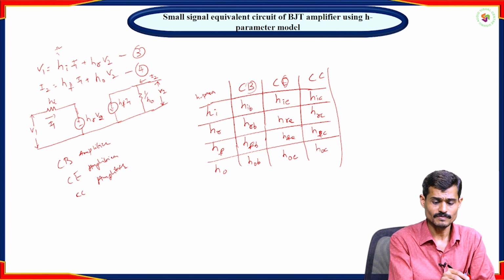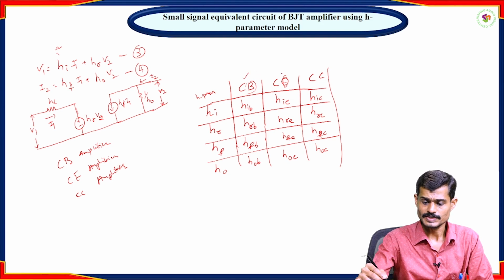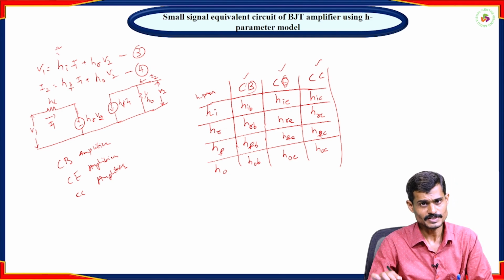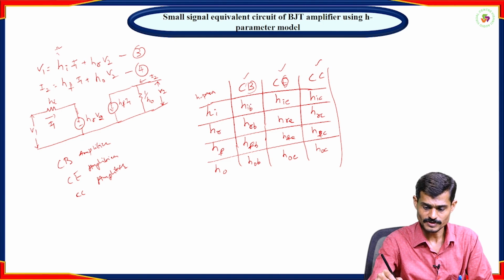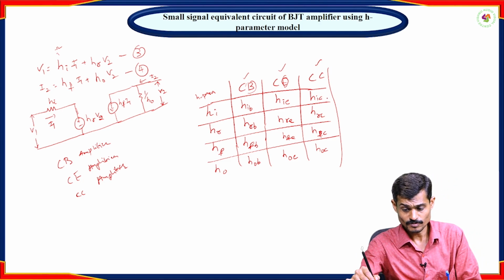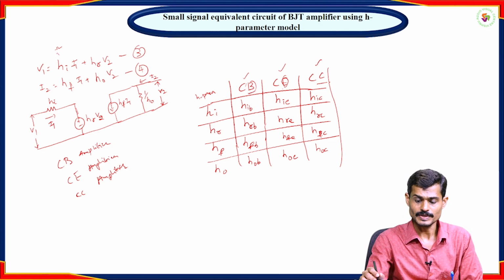I have represented V1 equals HI into I1 plus HR into V2, and drawn the representations for CB, CE and CC. For the configurations, the H parameters HI, HR, HF, HO are suffixed with B for common base, E for common emitter, and C for common collector.